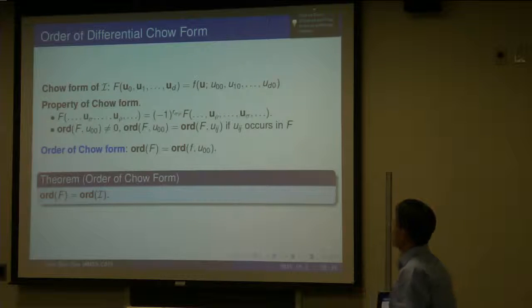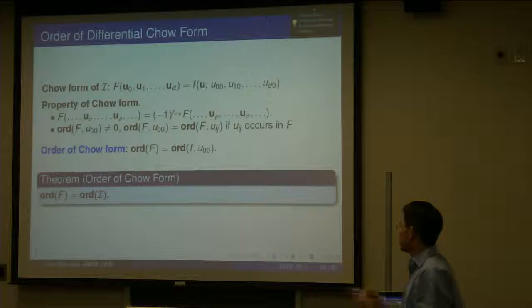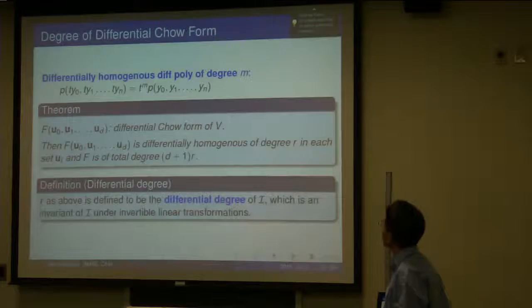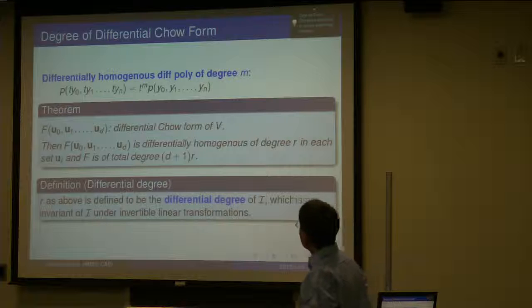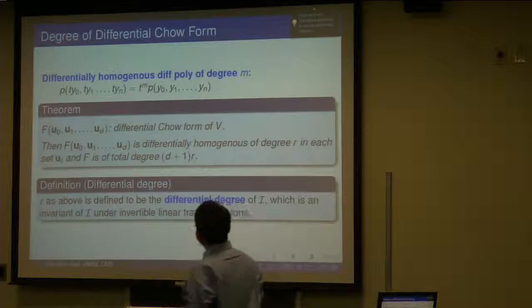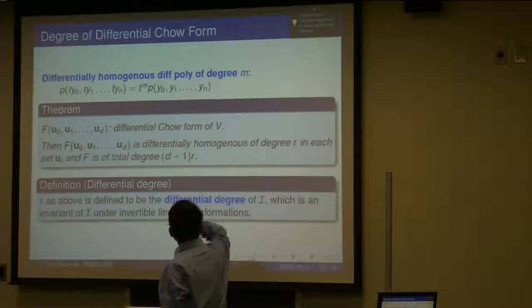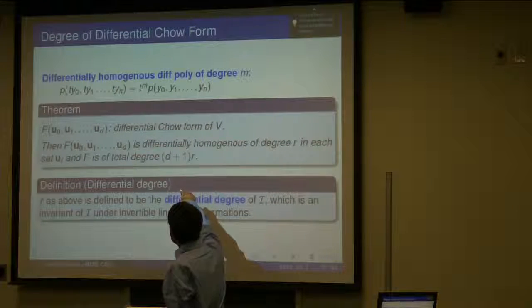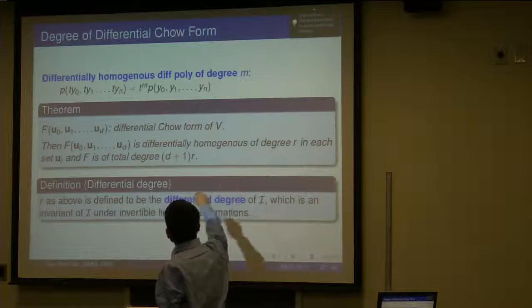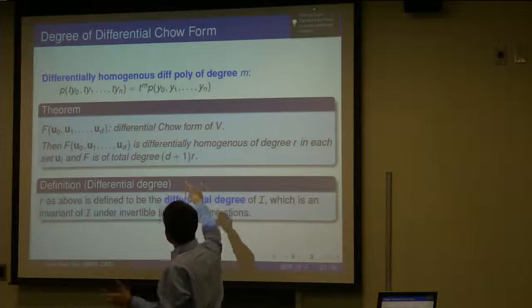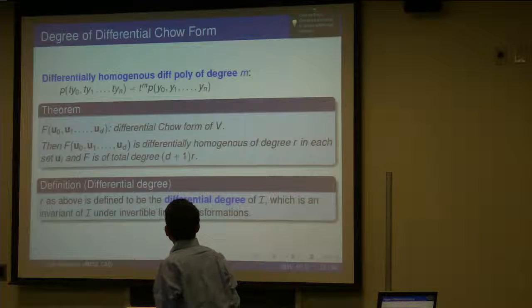Basically, the order of the Chow form is the order of the ideal itself, so sometimes people use this to give a definition. It's also differentially homogeneous, so here we use degree. It's homogeneous in each variable of u_i, so the total degree is d plus 1 times r.